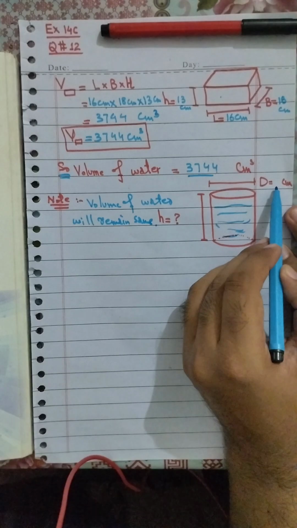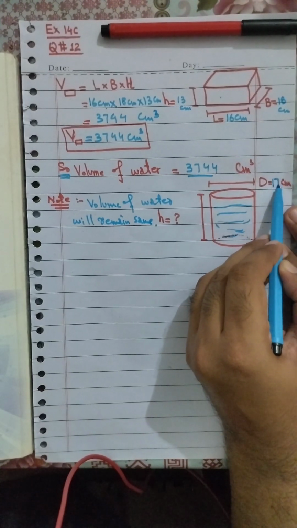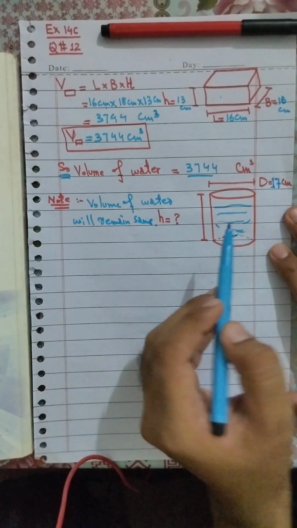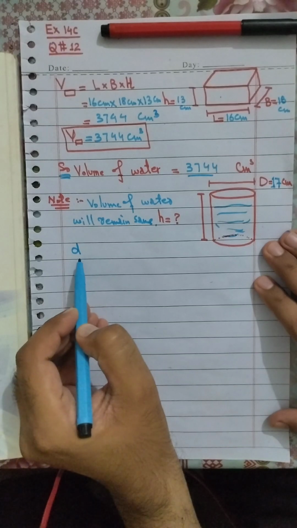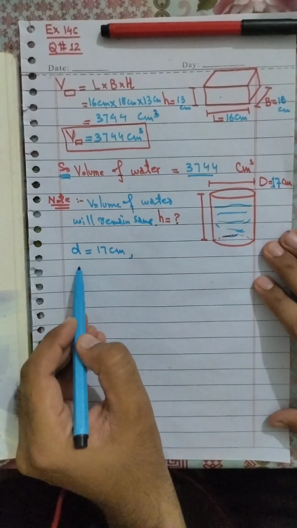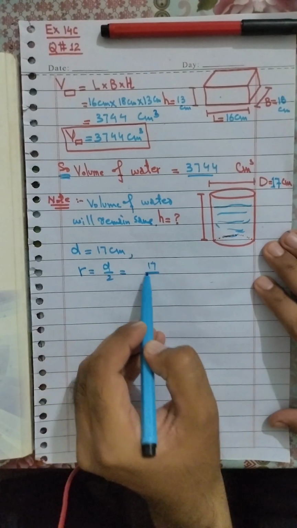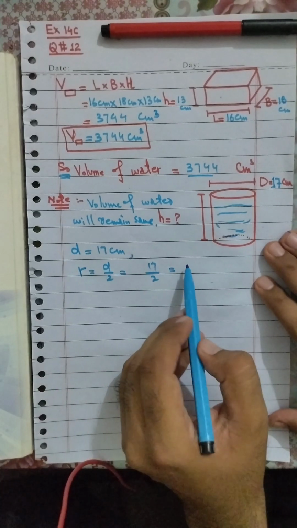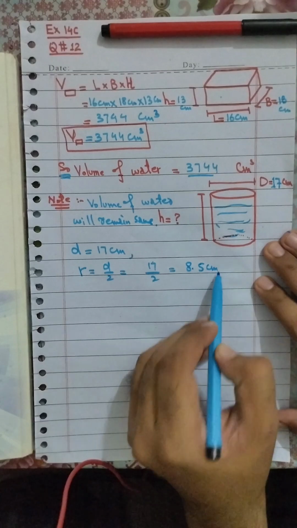Here the diameter of this cylindrical container is given to us, which was 17 centimeter. Okay, as the diameter is 17 centimeter, and we know that radius is d by 2, which will become 17 by 2. So we will get 8.5 centimeter.